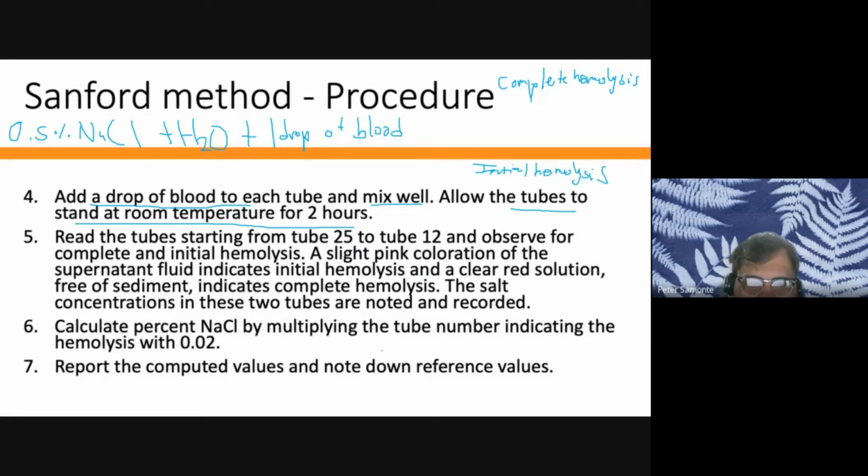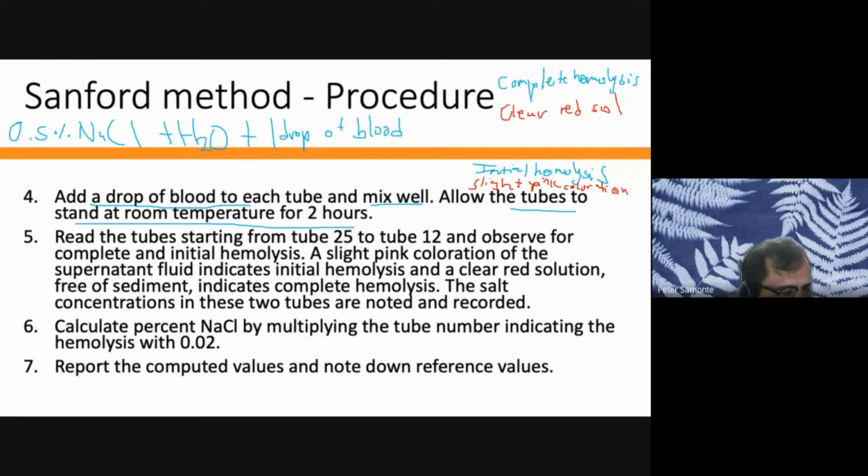Okay. A complete hemolysis, class, would be described by a clear red solution, while your initial hemolysis is characterized by a slight pink coloration.